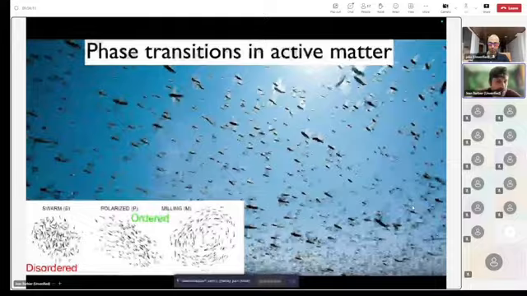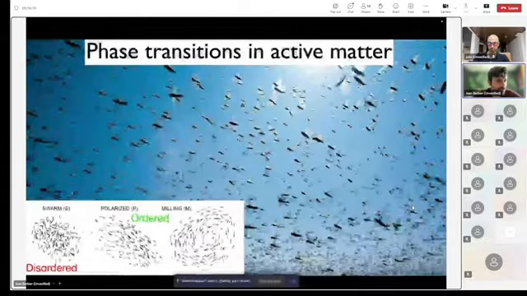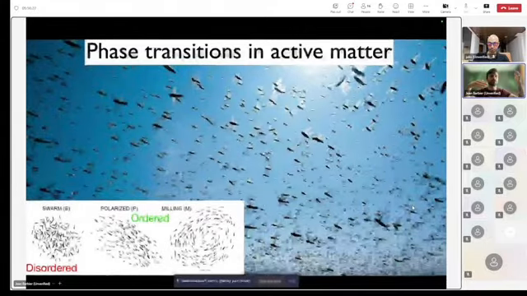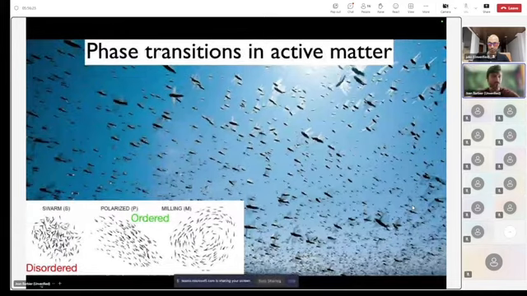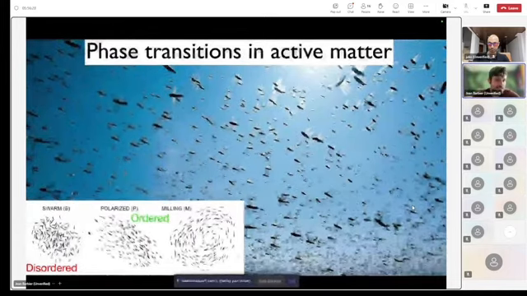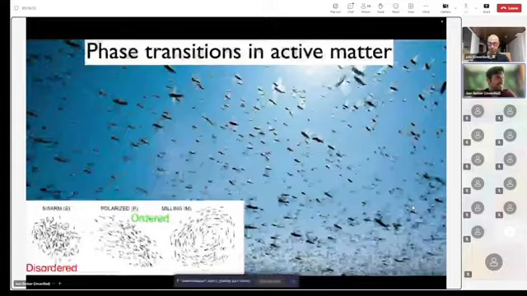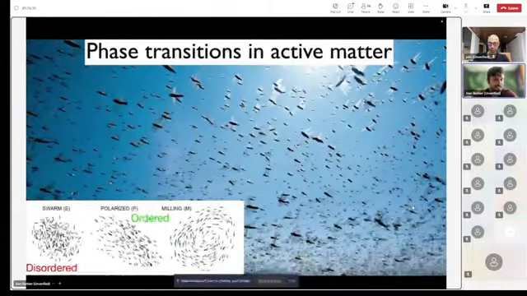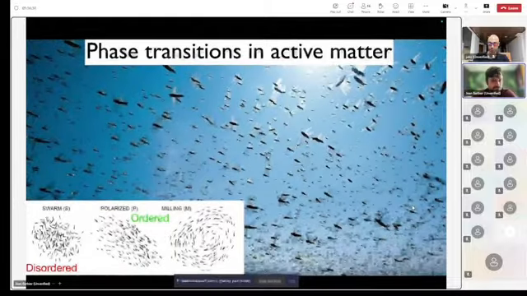And you see in these systems very rich phase transitions and various phases. You have, for example, the swarming states, which are disordered states where basically every insect or bird flies randomly around a kind of center of mass.